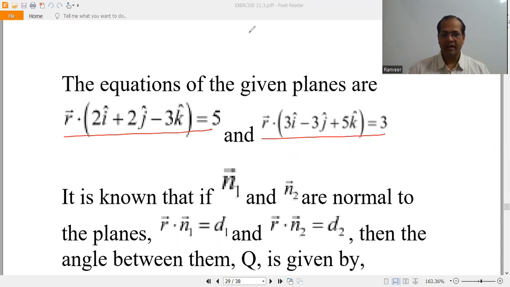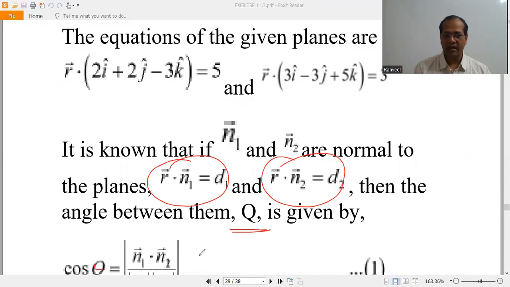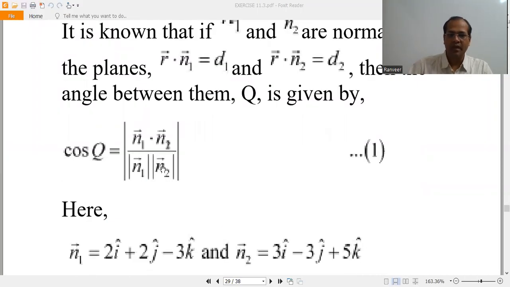Now it is known that if n1 and n2 are normals to the planes, so r dot n1 and r dot n2 are the equations of the planes. Now the angle between them, we can write cos theta equal to n1 dot n2 divided by mod n1 mod n2.